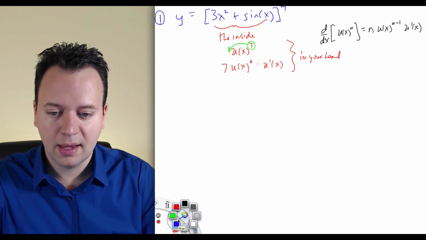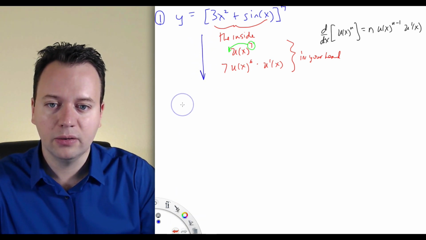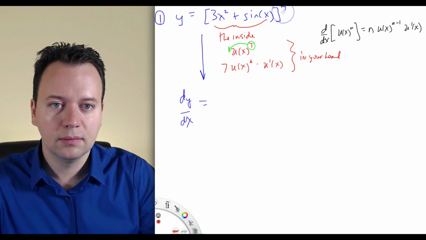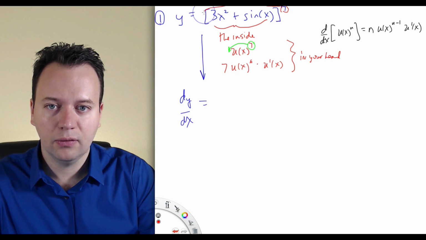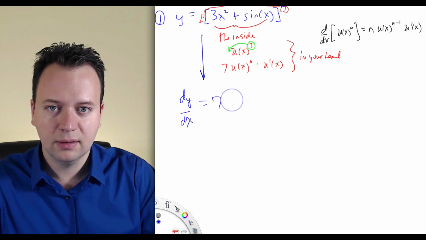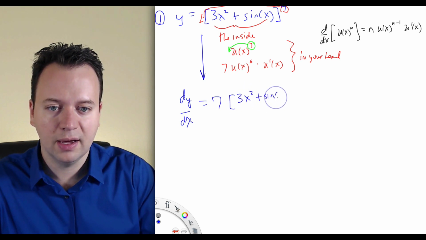So let's actually compute this now. dy dx: the 7 falls out front, so we have 7, and I just recopy everything inside, 3x squared plus sine of x.